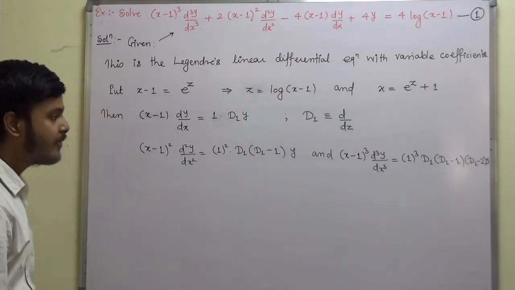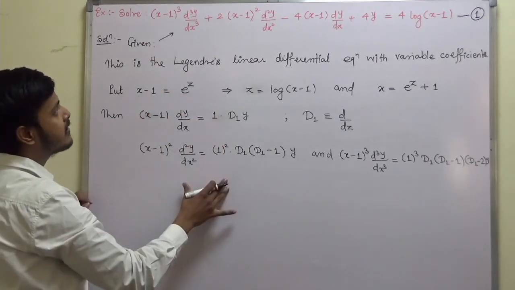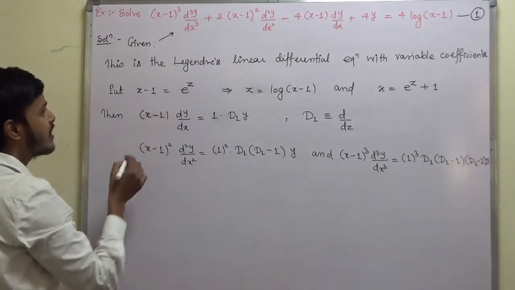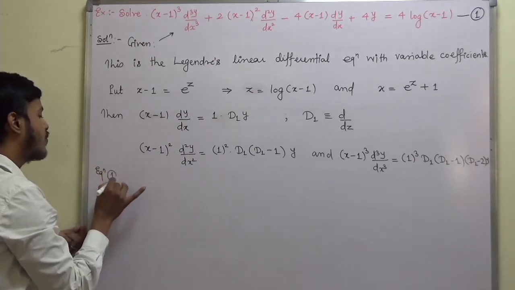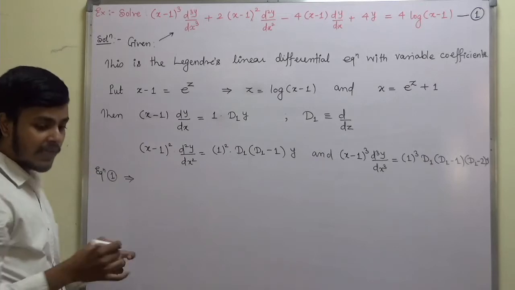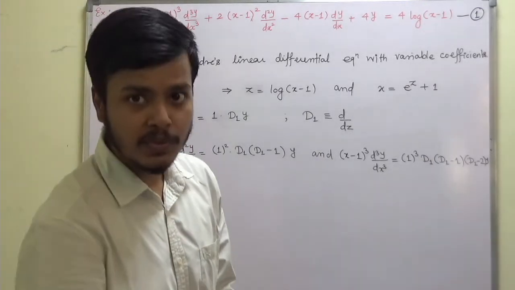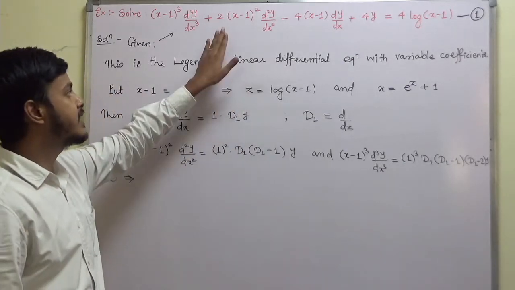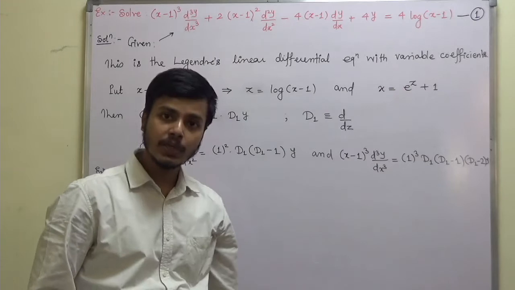Now when you substitute all these values in equation 1, we do it because we want to convert this Legendre differential equation with variable coefficient into one with constant coefficient.